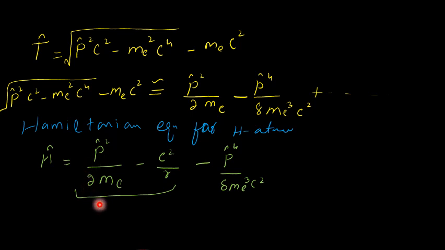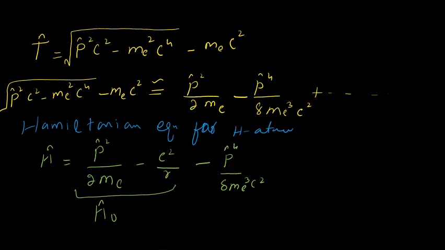So these two terms represent the unperturbed Hamiltonian, and this last term represents the relativistic correction. So this is the relativistic part of the Hamiltonian of the hydrogen atom.